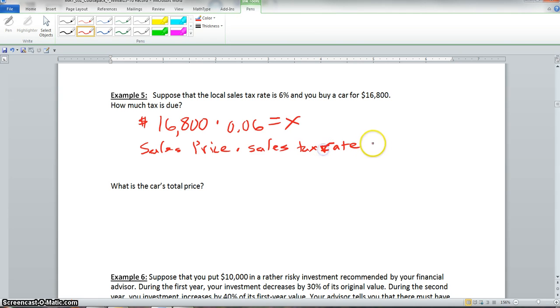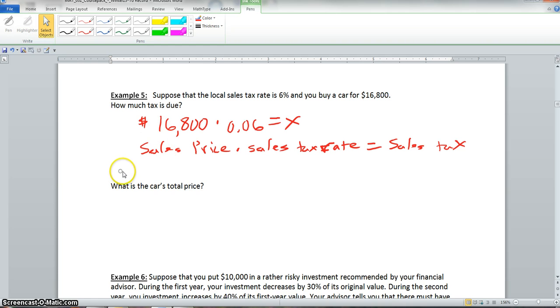And this equals the sales tax. So again, you have a sales price multiplied by the sales tax rate, and it's equal to the sales tax. So now, we can multiply this here.